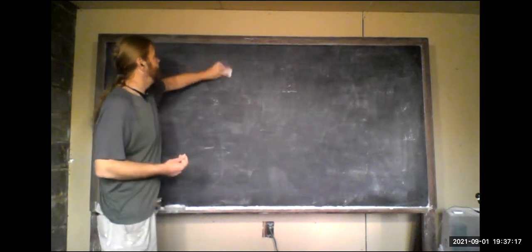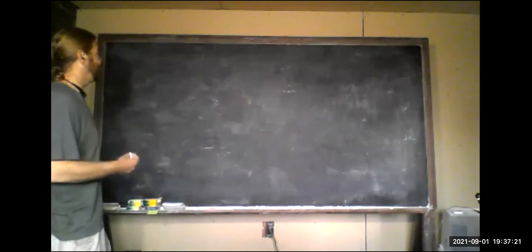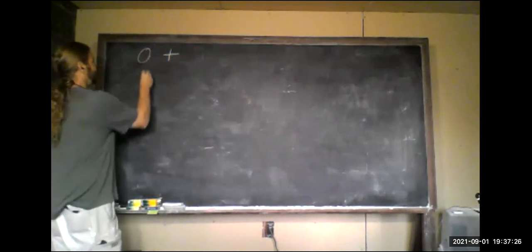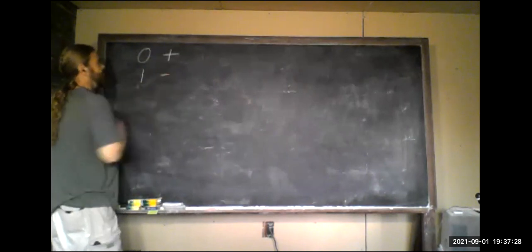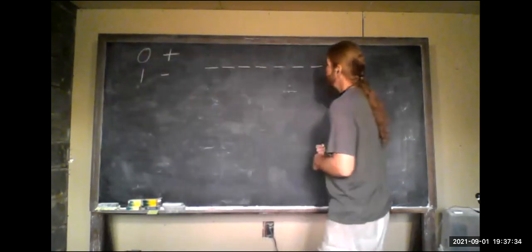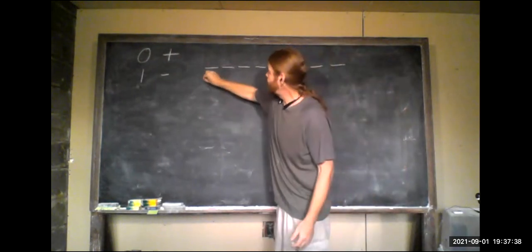So to start with, we want to use one of those, and we'll just define it. Let's define 0 to mean positive and 1 to mean negative. So then when we write an 8-bit number, our first bit becomes the sign.